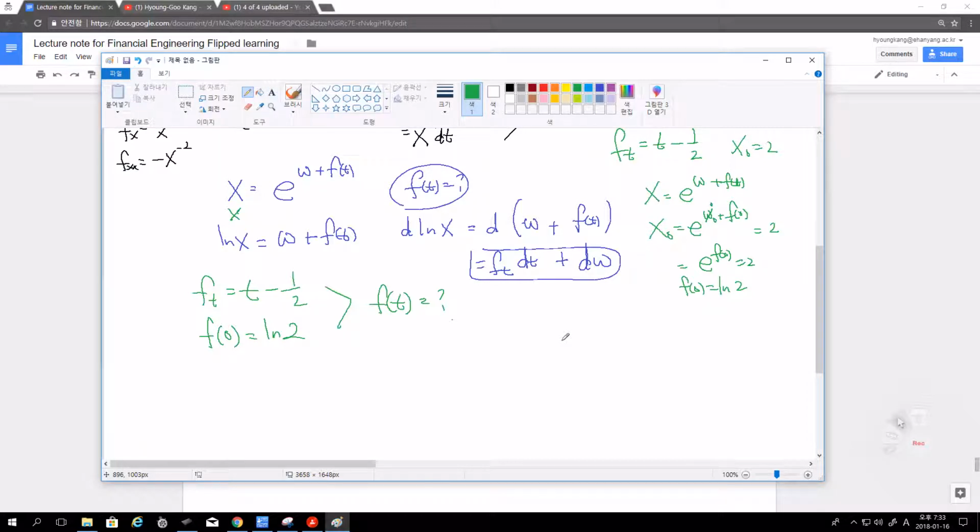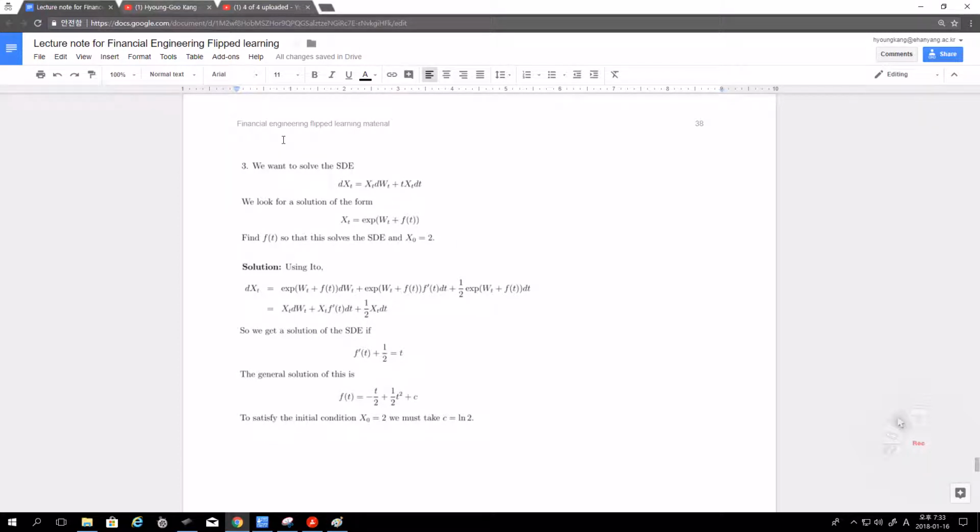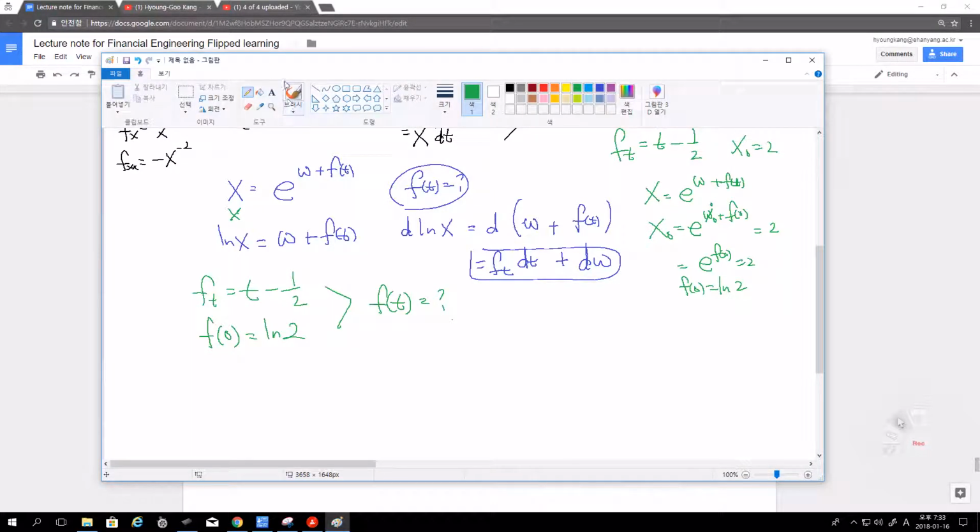So how to solve this? Well, this looks slightly complicated, but this kind of problem is called an ordinary differential equation.